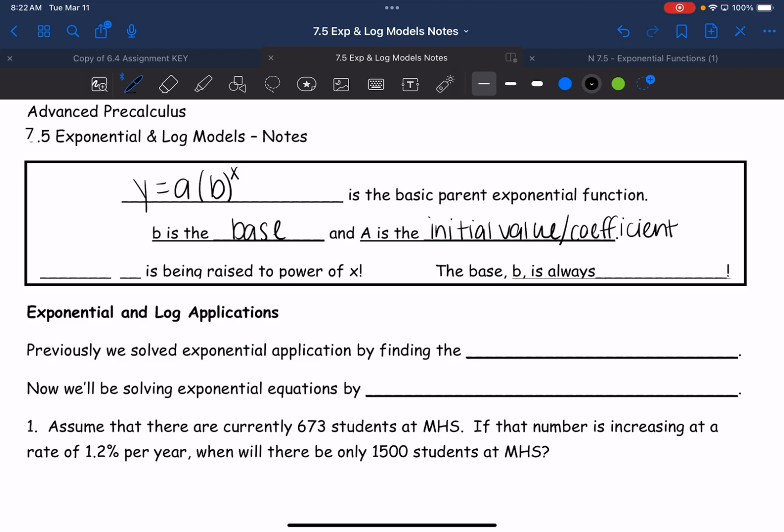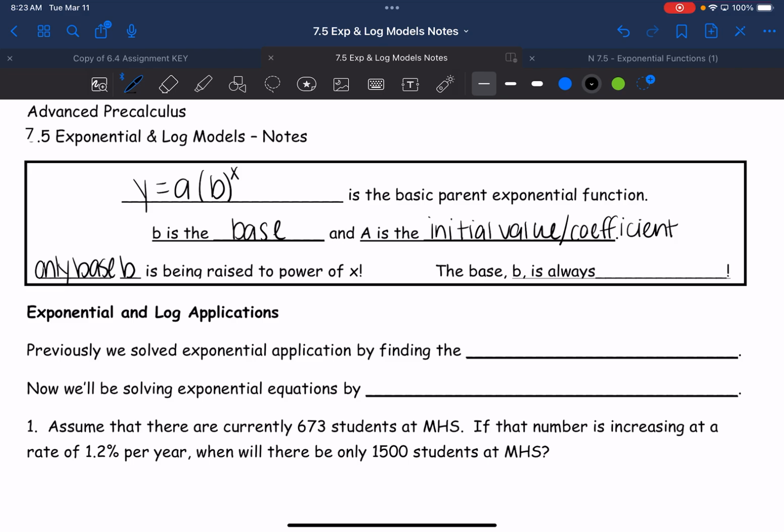So it's important for you to take note, only b is being raised to that x power, right? The a is not, only b. So only your base b is being raised to the power of x.